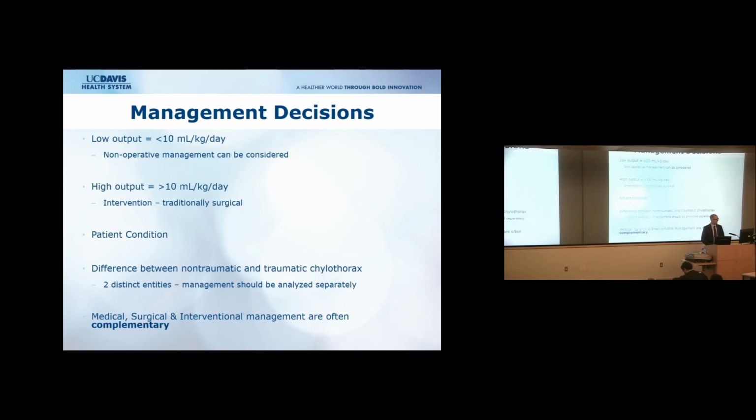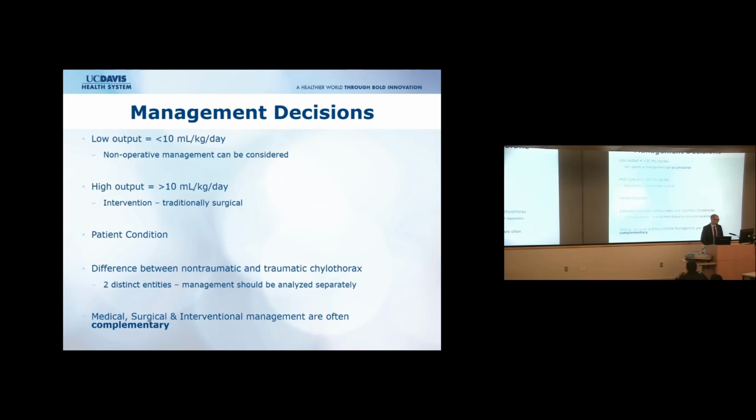Patient condition comes into this. Obviously, if the patient is very hypovolemic, or you can tell that they're becoming septic, making you concerned about immunosuppressive pathology, all these things have to play into your management strategy.